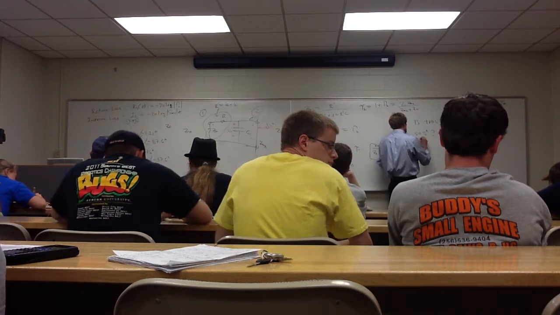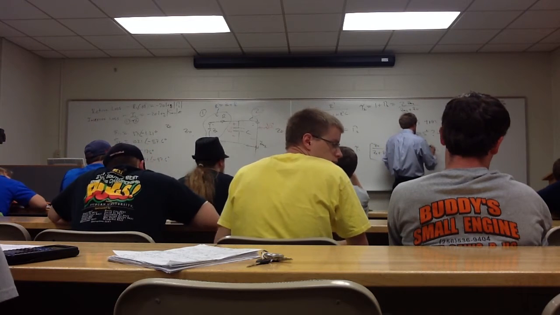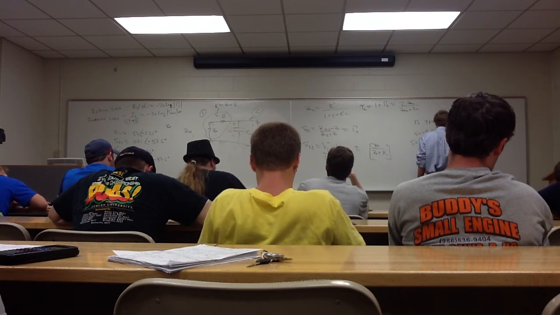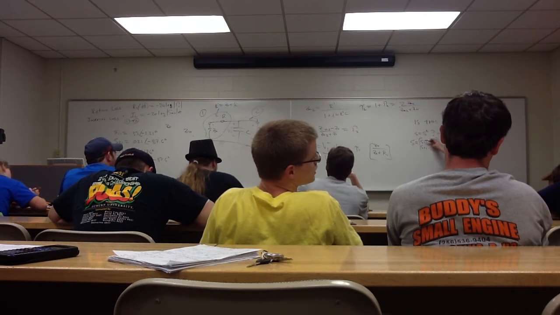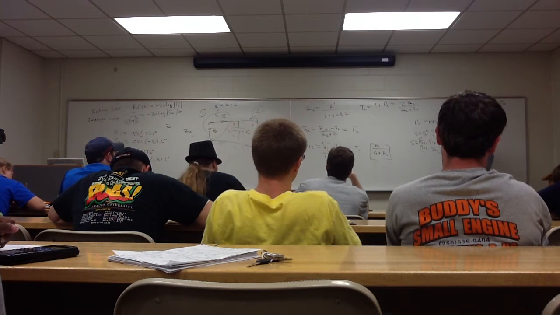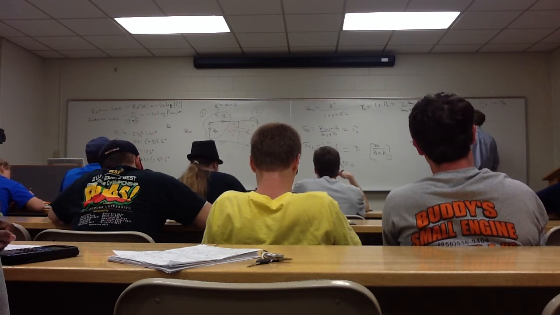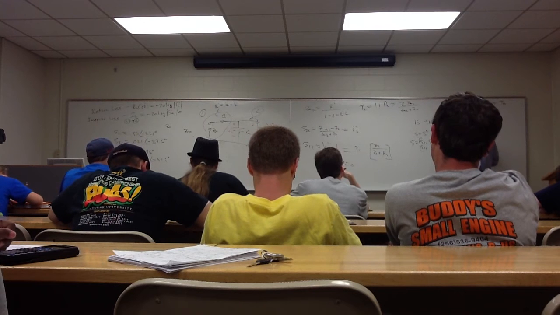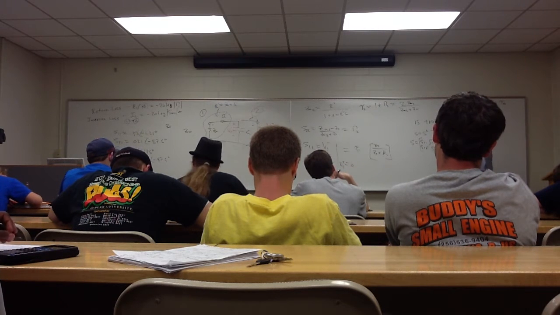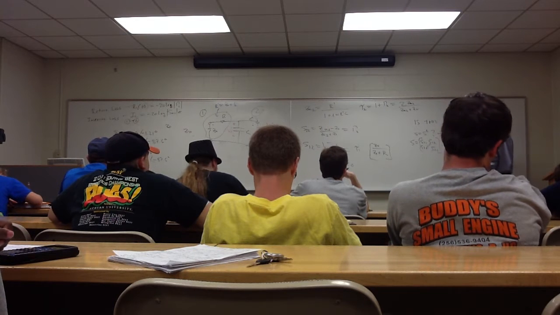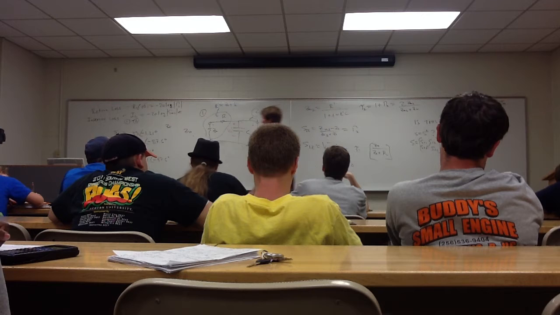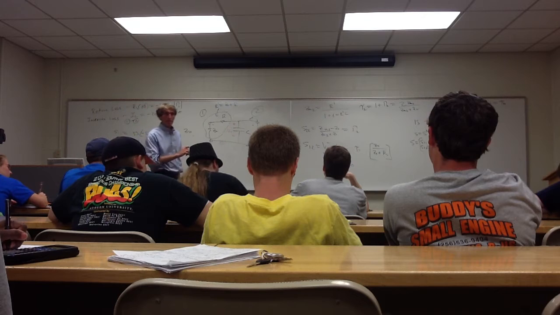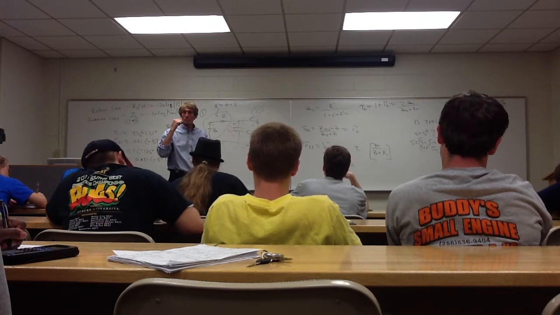If S is equal to S11, S22, S21, S12, then S transpose, row and column, would be S11, S22, and S12, S21, so these two flip right here. And when they flip, the question you ask is, are those two values the same? And they are, so it is a reciprocal network. Does everybody see that? Everybody with me on that?